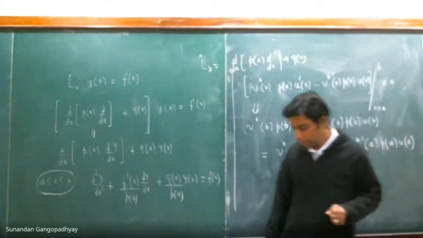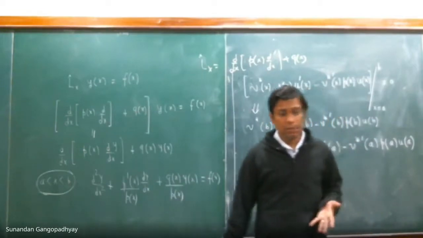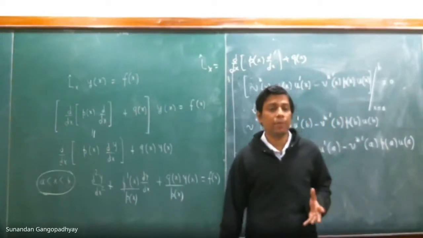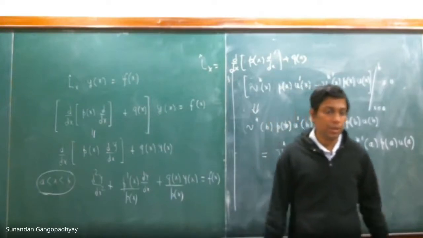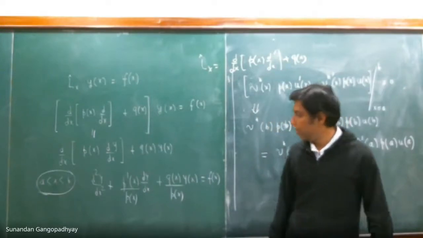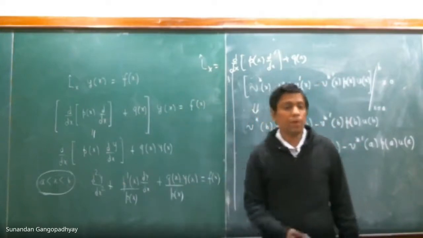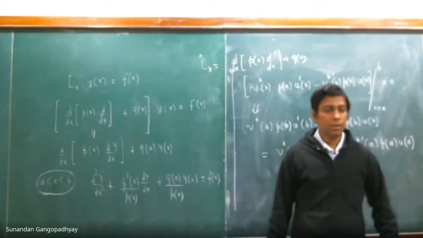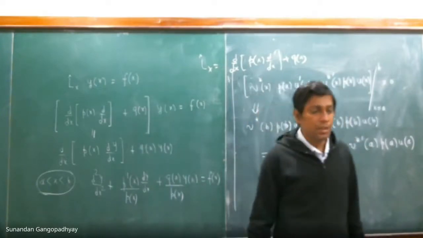Another powerful technique that you may have learned or may not have learned is the method of variation of parameters. This is also a very powerful technique to solve such kinds of differential equations. So this is another method, variation of parameters. And there is yet another powerful method that you must have seen in electrodynamics, and that is called the Green's function approach. Are you familiar with Green's function?